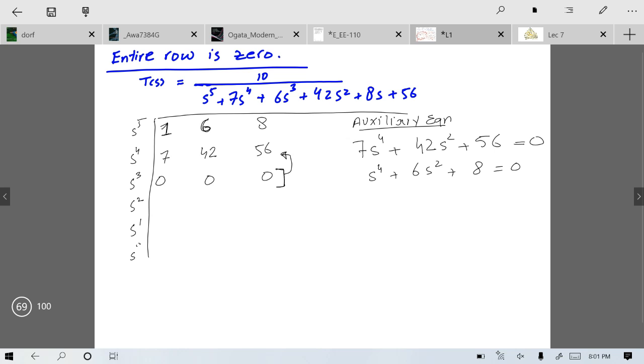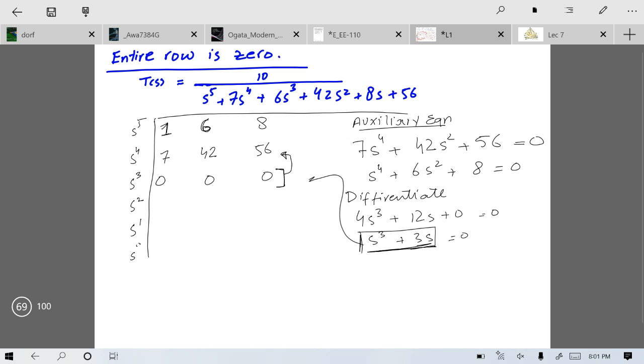Next step is to differentiate this auxiliary equation, take the derivative with respect to s. When we differentiate it, we have 4s^3 plus 12s plus 0 is equal to 0. That is s^3 plus 3s equal to 0. So this is the equation that we have formed after differentiating our auxiliary equation. So now use that equation for this 0 row.